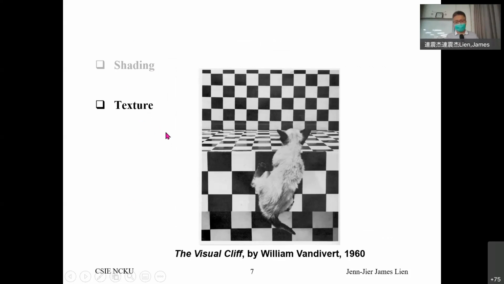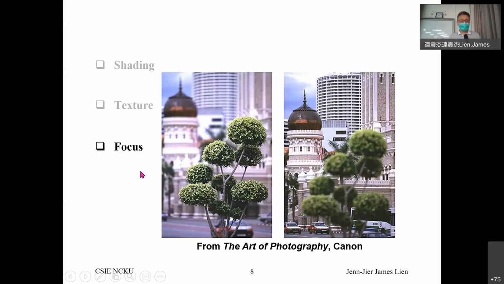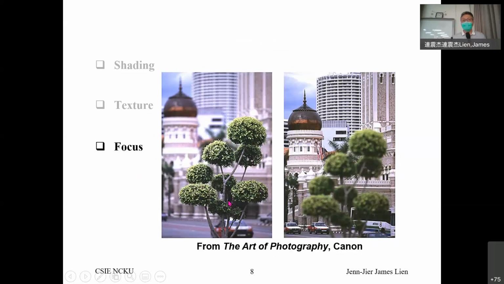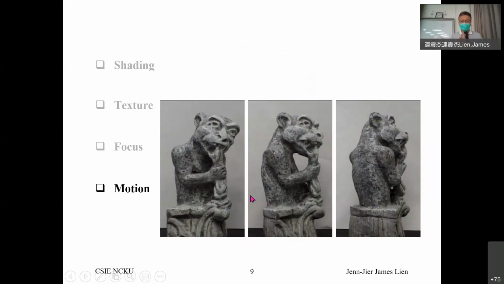You don't need to remember this, because some methods are not so good. Focus, foreground focus and background focus. You can combine that information to get 3D information. It's motion.